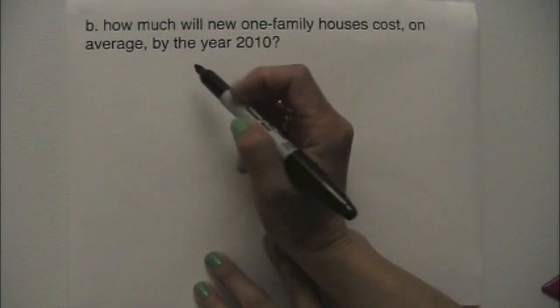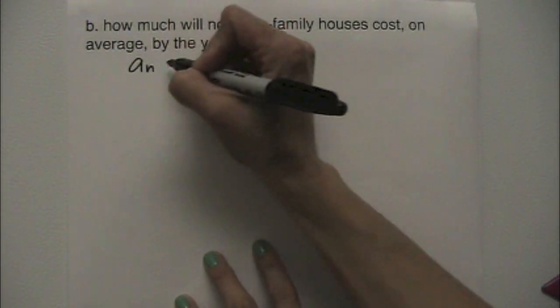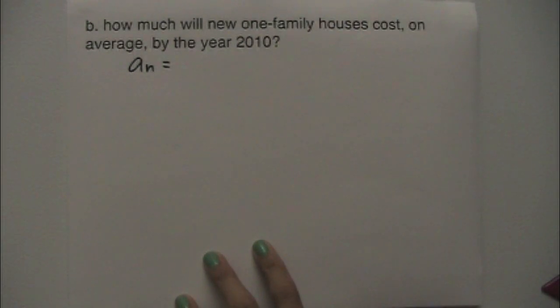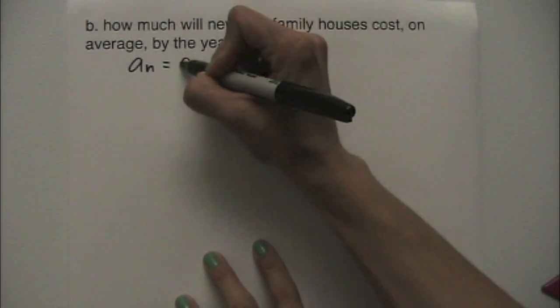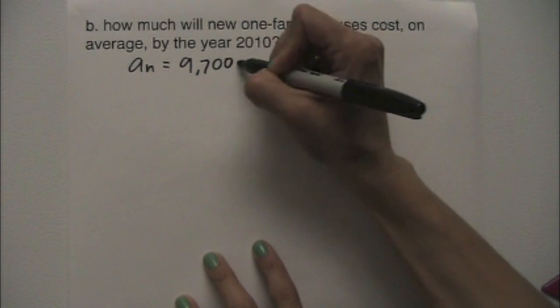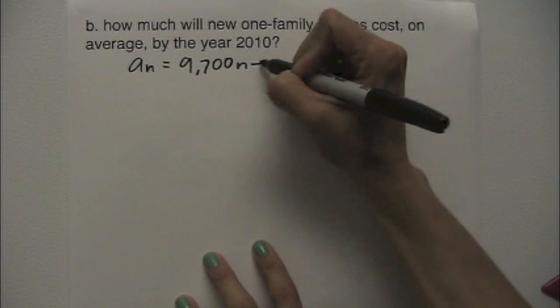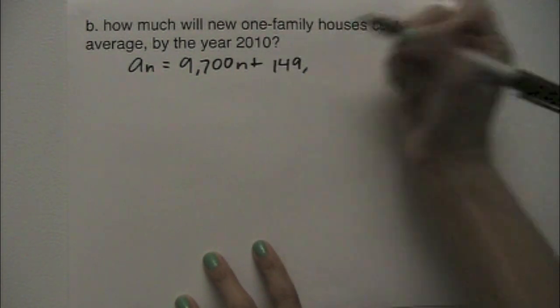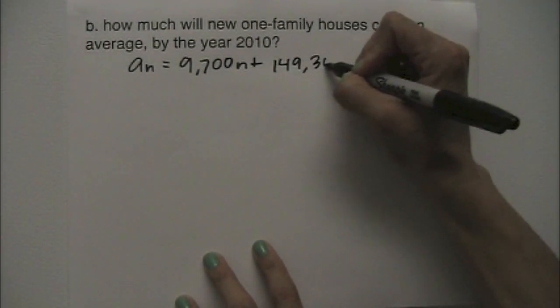Part B says, how much will new one-family houses cost on average by the year 2010? So what we want to do, since we have that formula, a sub n is equal to 9,700 n plus 149,300.